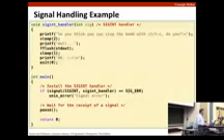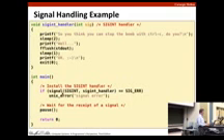Okay, so here's a simple example of installing a handler. Here in main, we're going to install a SIGINT handler, which is called sigint_handler, which is defined up here. The prototype for this function takes a single integer argument, which is the signal number, and returns nothing.